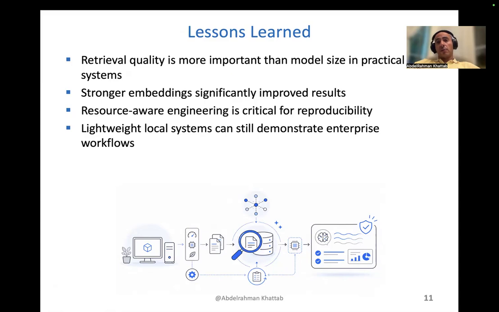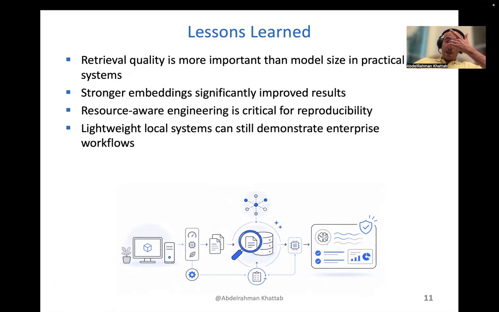Resource-aware engineering is critical for reproducibility. The idea here was that when I tried something that was not relevant for my environment, it took very, very long, and some of them were also crashing.